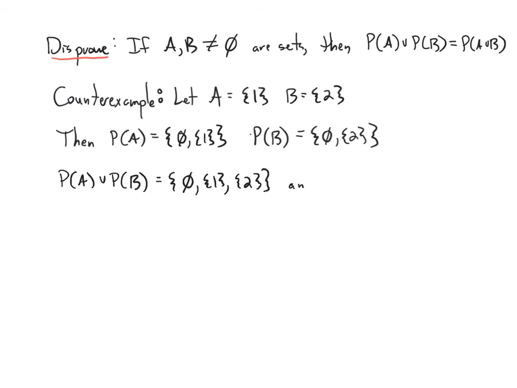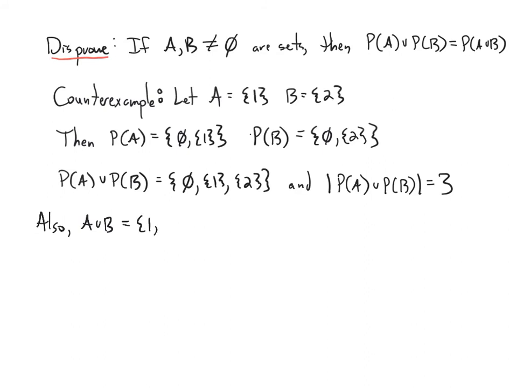So the cardinality of this set is 3. You have the empty set that was in both, the set containing 1, which was in the power set of A, and the set containing 2, which was in the power set of B. So there are 3 elements.